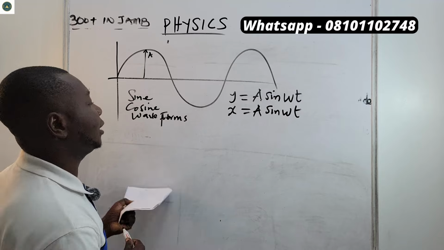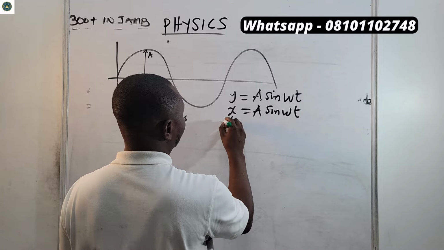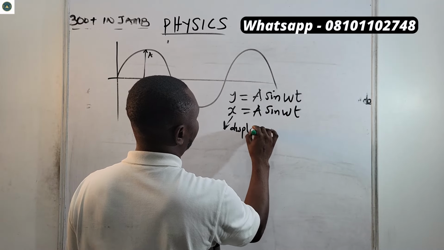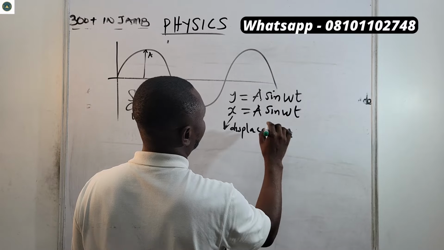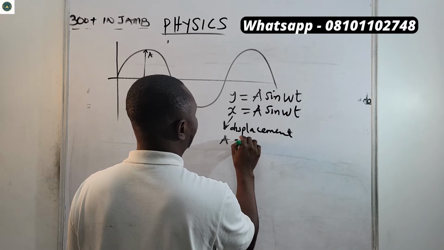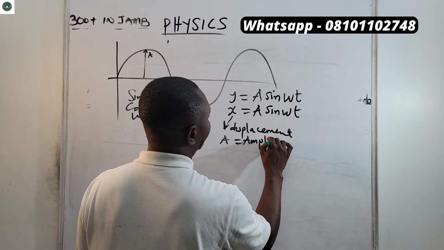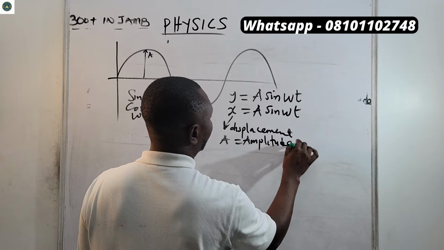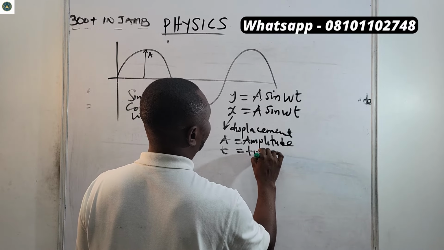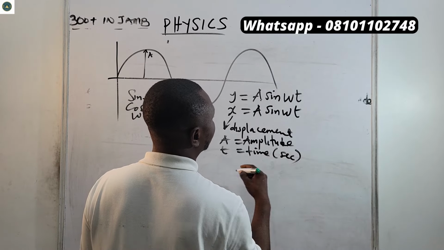So if we have that, this is displacement. The A there is the amplitude. And the t there is time, time in seconds.